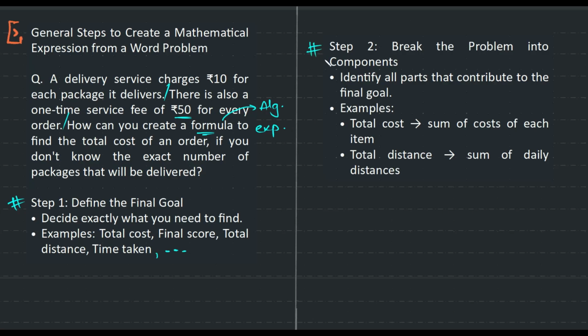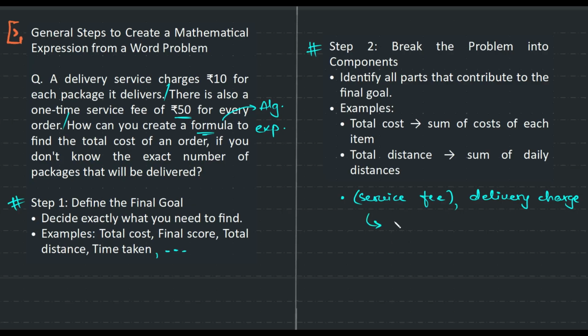Step 2 is break the problem into components. Identify all the parts that contribute to the final goal. In this case, we are talking about service fee and delivery charges. More than the service fee, honestly, we have one more key thing. What is that?